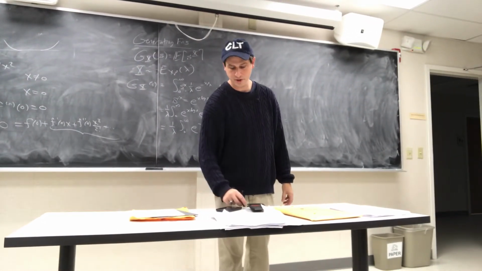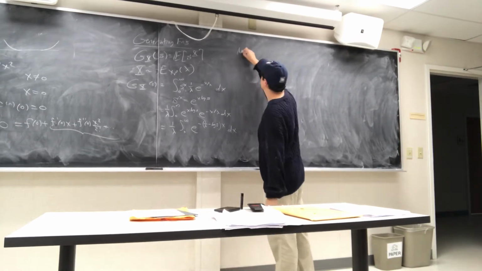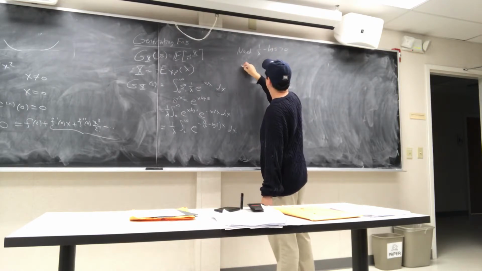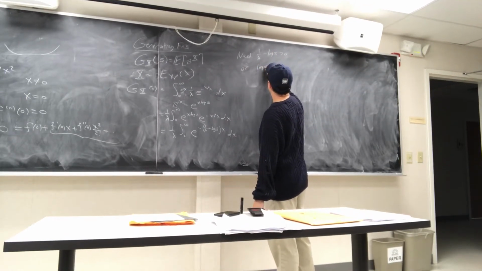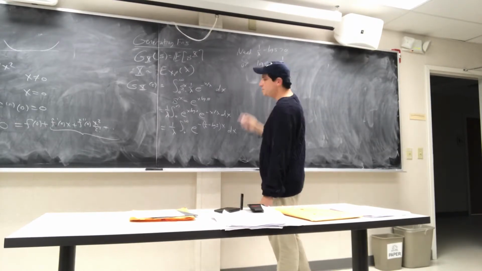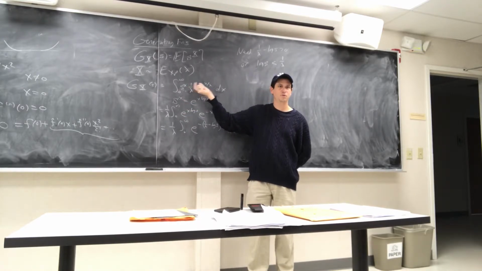So we always want to make sure that we're working with things about parentheses. We need 1 over lambda minus the log of s to be greater than 0, or we need the log of s to be less than 1 over lambda. So that makes sense. As long as s is not too large, we're going to be fine.